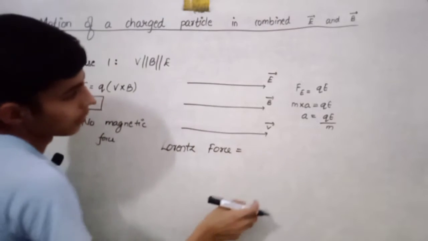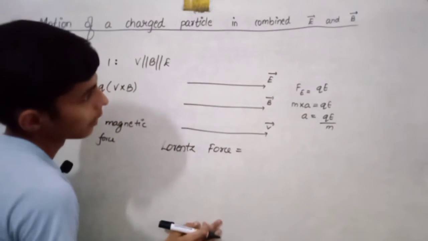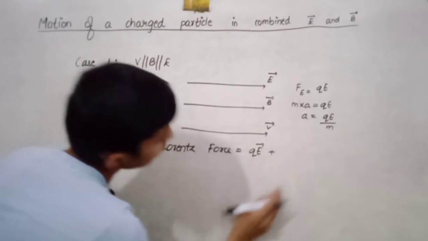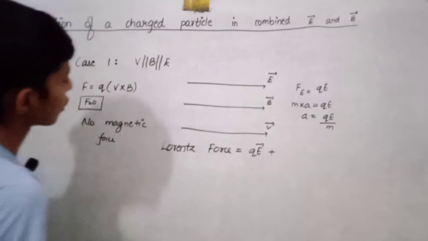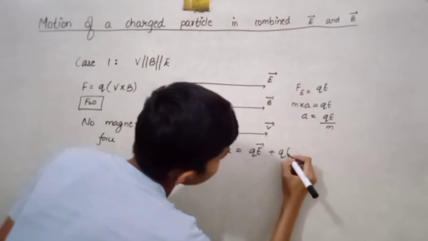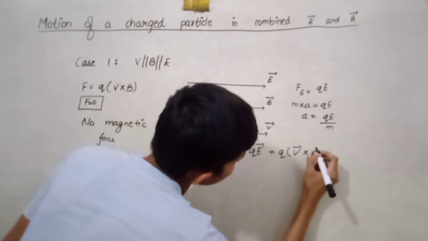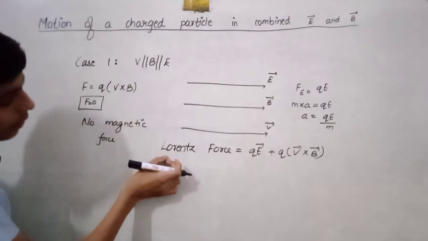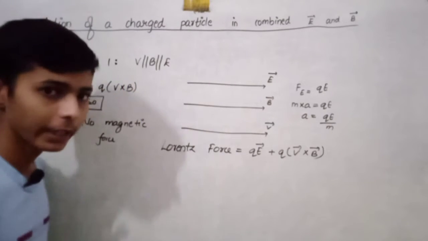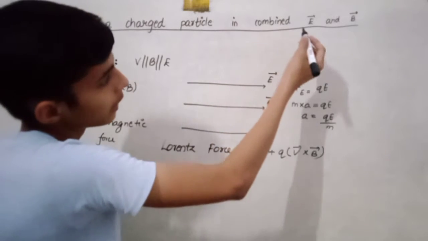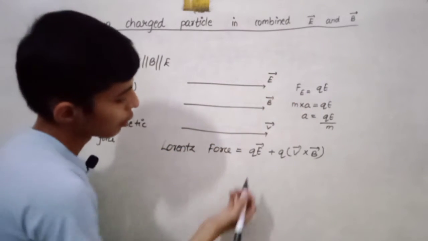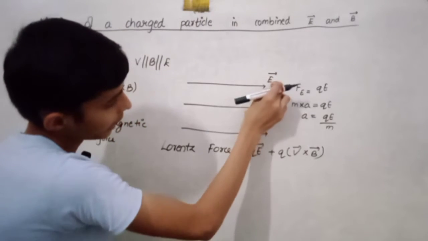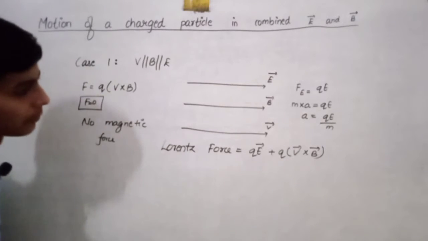So force by electric field equals QE plus force by magnetic field equals Q V cross B. So this is our Lorentz force. This is our force by electric field and this is our force by magnetic field.